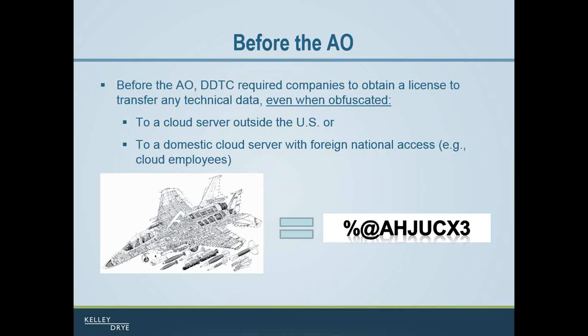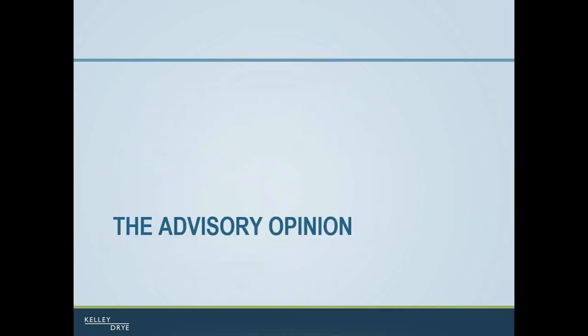What happened when the advisory opinion was issued? And on the next slide here, and even the one after, let's get to the punchline. So the punchline of the advisory opinion, the Perspecsys went to the State Department and essentially asked, please treat tokenized data differently than you would treat data in the clear.